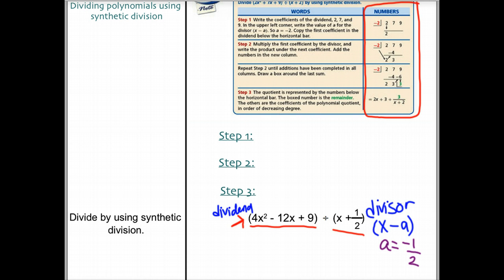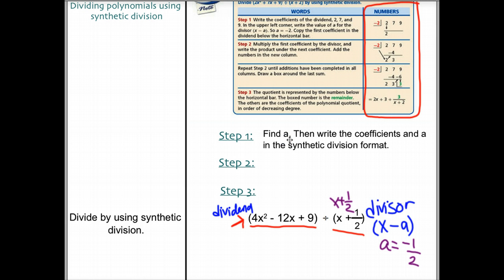We know that a is equal to negative 1/2 because we have x minus a, and up here we have x plus 1/2. So then our a would be equal to negative 1/2. Our first step is to find a, then write the coefficients and a in the synthetic division format.